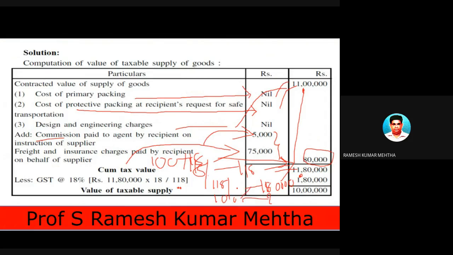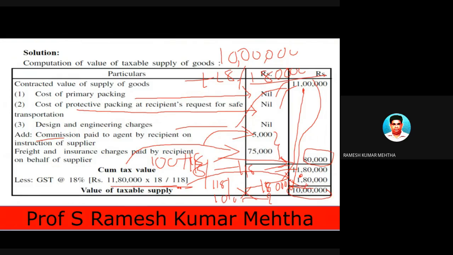To calculate this, we have to cross multiply. So this is the answer. If you find out, the amount of GST is 1,80,000 rupees, and the transaction value is 10 lakh rupees. Add to this 18 percentage, which is 1,80,000 rupees, because this is the GST.